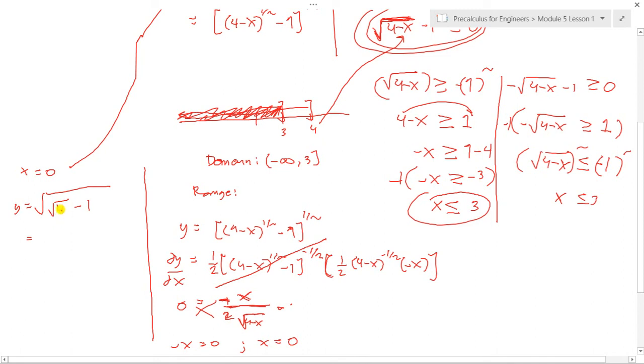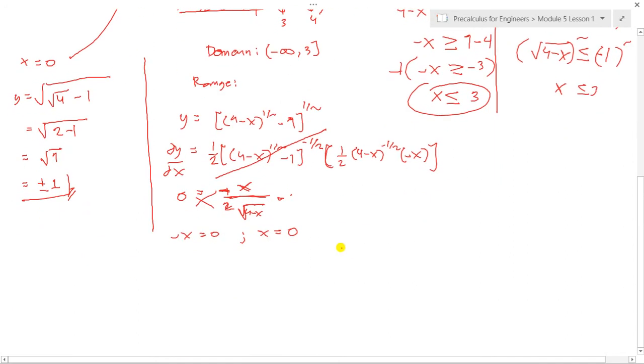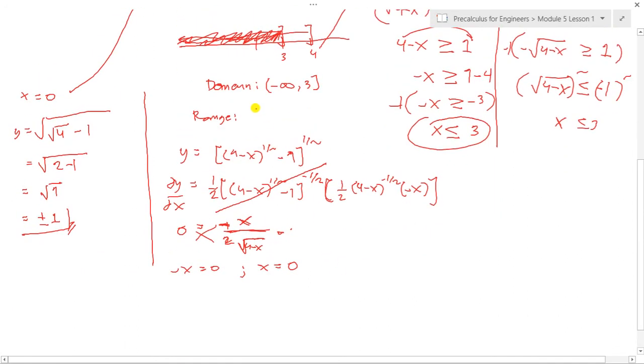We only take the principal root, because otherwise it becomes imaginary. So the square root of the square root of 4 is 2. So it is 2 minus 1, which is 1. So the square root of 1 could be positive or negative 1. Therefore the maximum here is positive 1, the minimum is negative 1. So the range of our y is negative 1 to 1.